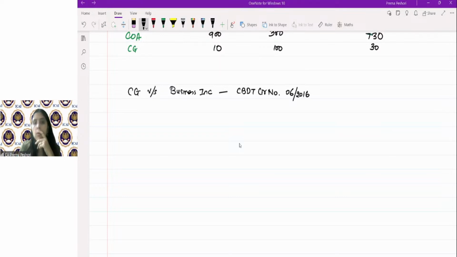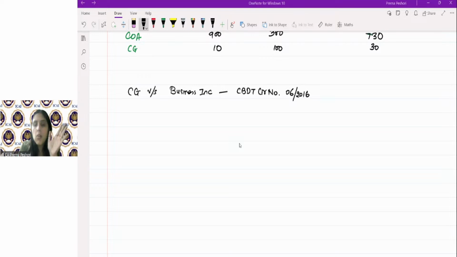So it is quite possible that the shares or securities are traded and held as stock in trade also. Over the years, CBDT has given guidelines, and there have been court decisions on whether it will be considered business income or capital gain. CBDT has given several instructions from 1989, in 2007 again, and again in 2016, right?